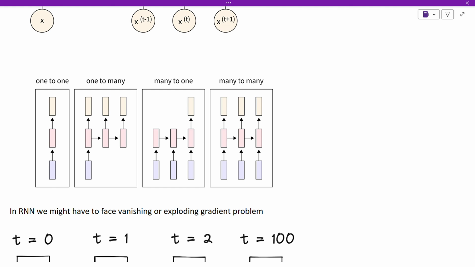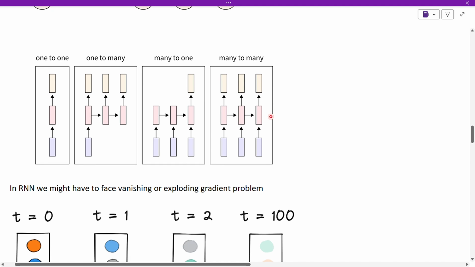And then in RNN also we have another problem. So there is a problem called the vanishing gradient or exploding gradient. So what does this problem say?